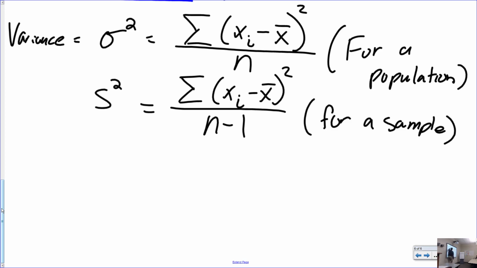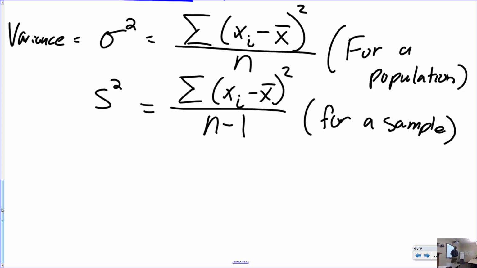So note, this is called sigma squared. This is a lowercase sigma. The capital E is the uppercase sigma. When you are dealing with a sample, we switch back into English. You use a regular S to represent the sample variance, or S squared to represent the variance of a sample as opposed to the variance of a population. Okay?